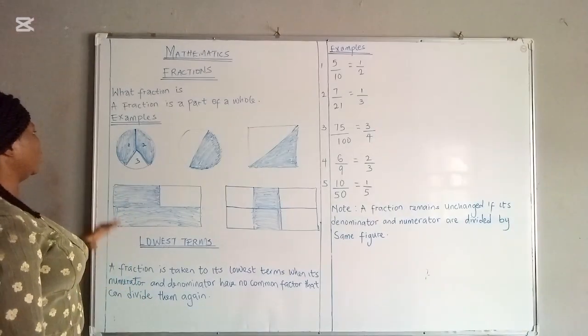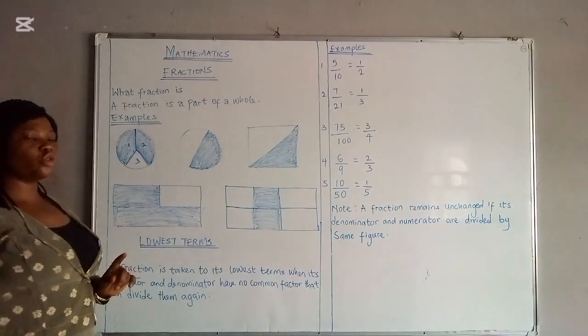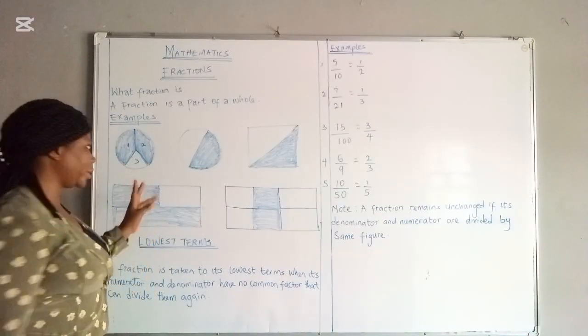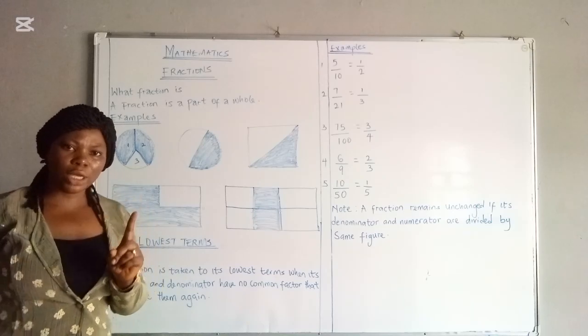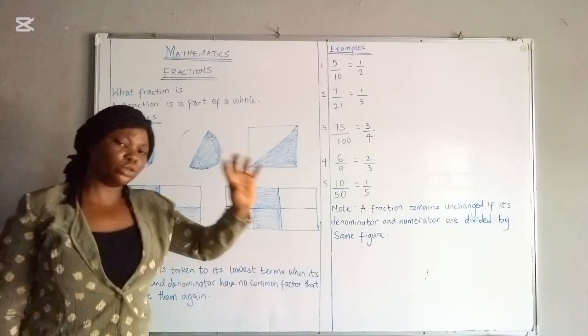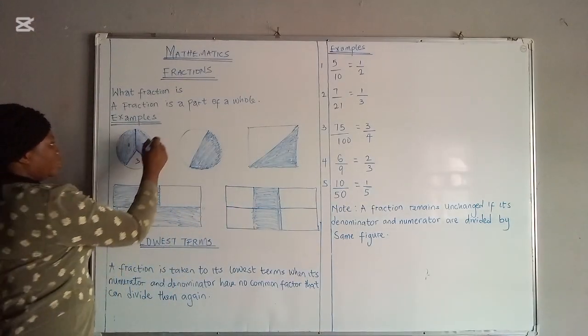And we shade how many parts? Let's count. 1, 2. So we shade just 2. Just 2 out of 3. That is, the whole is divided into 3, then we take 2 out of 3. Then we'll call this fraction 2.